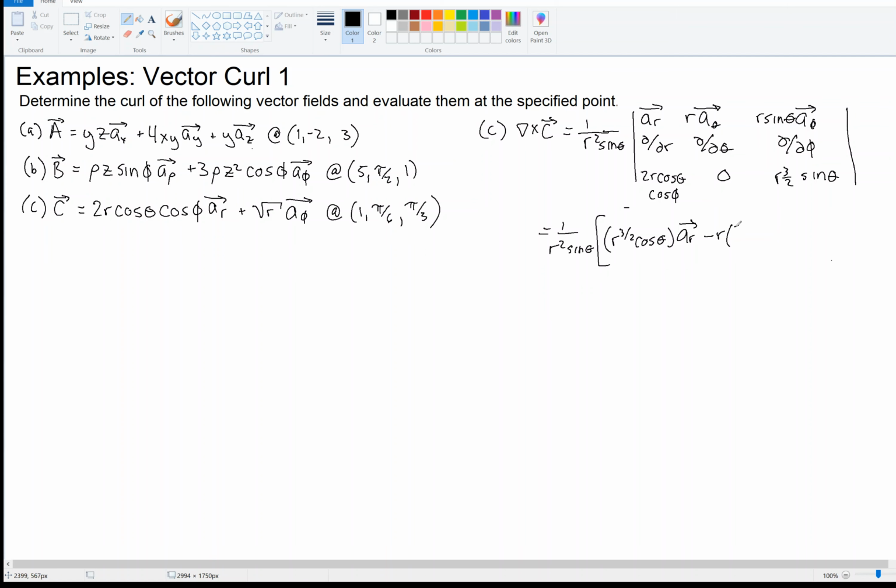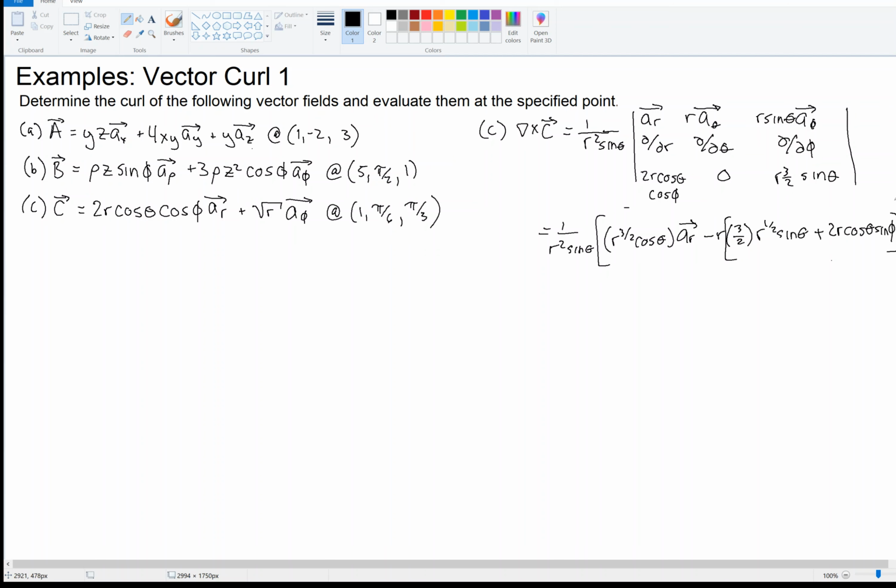So the 3/2 comes down in front, subtract 1, so that makes r to the 1/2 sine theta, okay, minus d d phi operating on 2r cosine theta cosine phi. So the derivative of cosine phi is minus sine phi, so this makes plus 2r cosine theta sine phi, and that was in the theta direction.